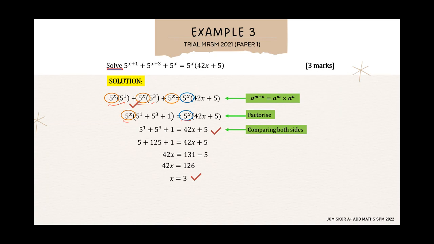Okay, boleh. Seterusnya kita pergi kepada soalan yang keempat. Trial Pahang 2020. Given M is equal to 5 to the power of X and N is equal to 5 to the power of Y. Express 25 to the power of X plus Y over 125 to the power of X minus Y in terms of M and N. Dia nak jawapan akhir kita dalam sebutan M dan N. So ini adalah information yang diberikan.